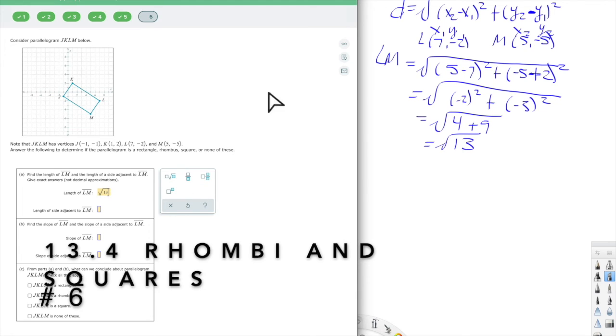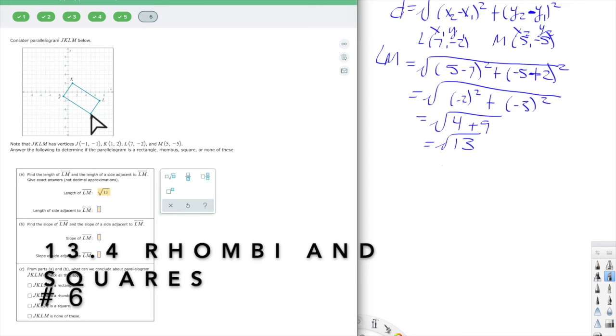And now I'm going to find the length of a side adjacent to LM. They don't care if it's JM or KL. You get to choose. It just said a side adjacent to it, meaning right next to it. They don't want the opposite side. What we're doing is testing whether the consecutive sides are congruent.